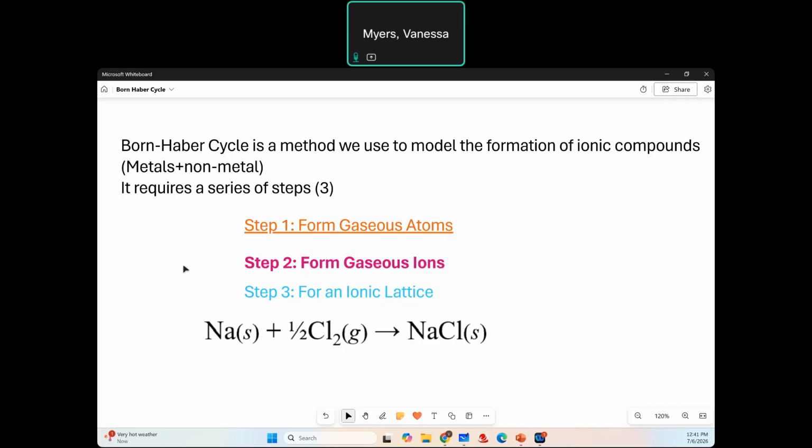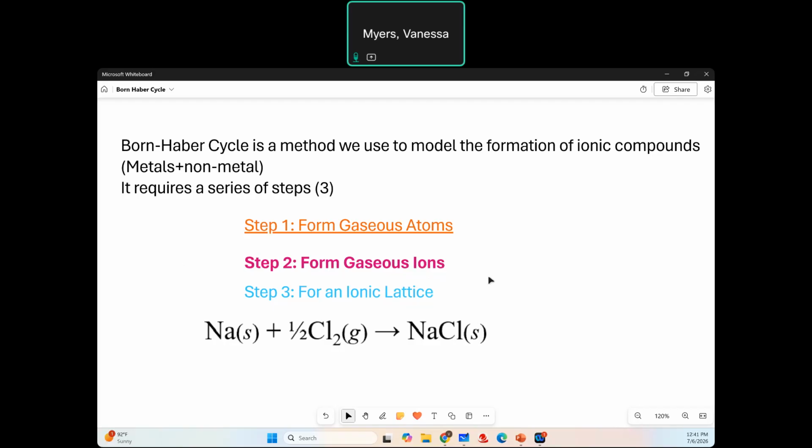So it's kind of interesting to understand why a solid becomes a gas when it's easier to think that a gas becomes a solid, but in actuality, it's all about the reaction energy that's going on, and reactions are more favorable when they're in the gaseous state. So steps 1, 2, and 3 is how we usually do Born-Haber cycle problems.